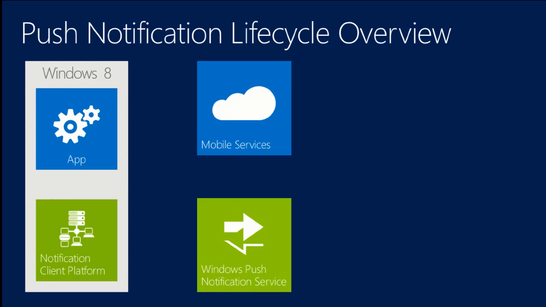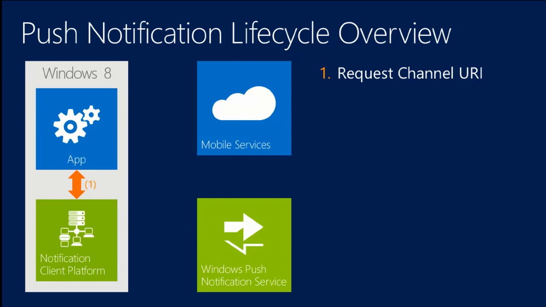So on the left we have our Windows Store app, and the first step it needs to do is call the WinRT API and request a channel. Now, a channel is a unique identifier that allows you to send a push notification to that application, be it a toast or to update that specific tile of that app.